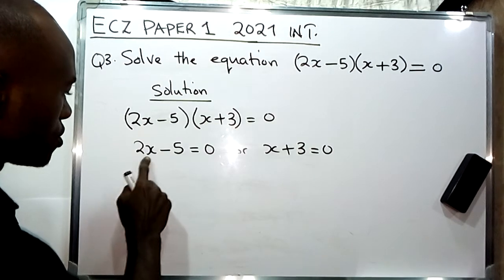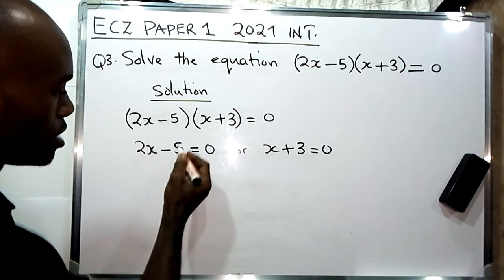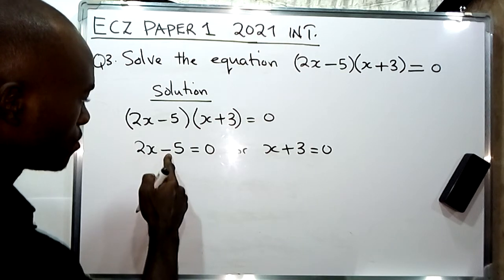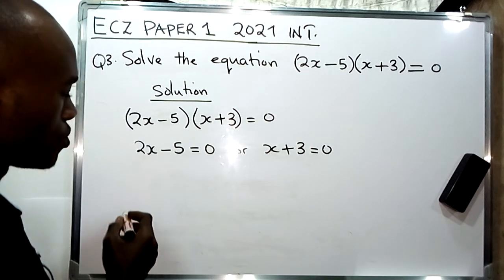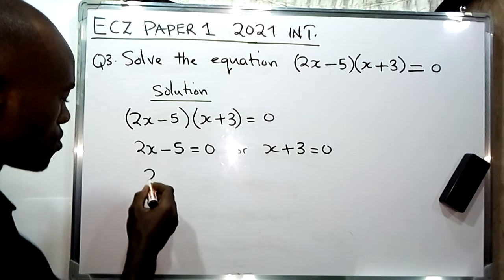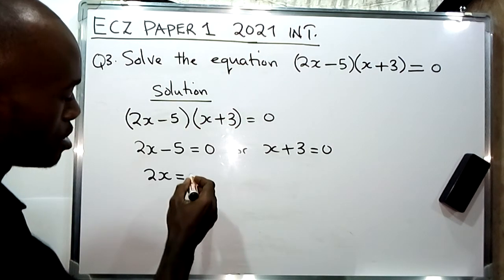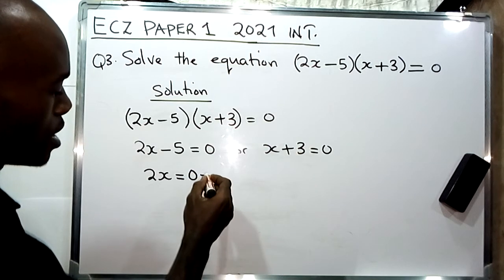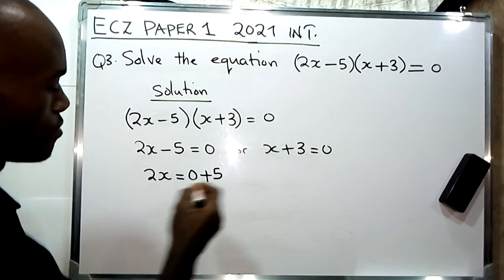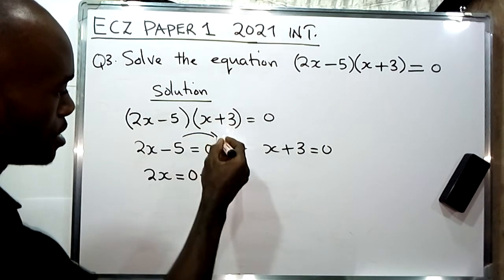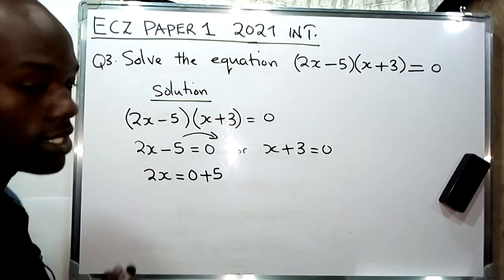So let's see what we're going to have. These two are not like terms, therefore we take this 5 to the other side. This is negative; when we take it to the other side, it will be positive. So we will have 2x = 0 + 5.